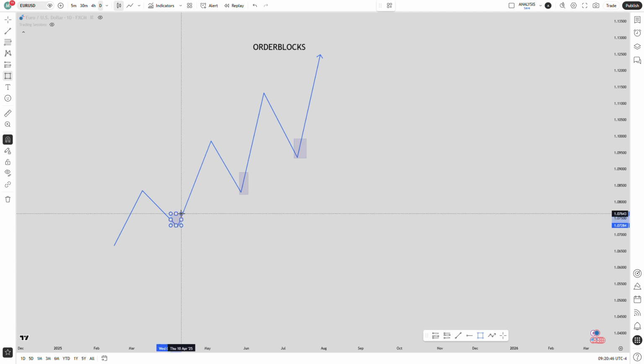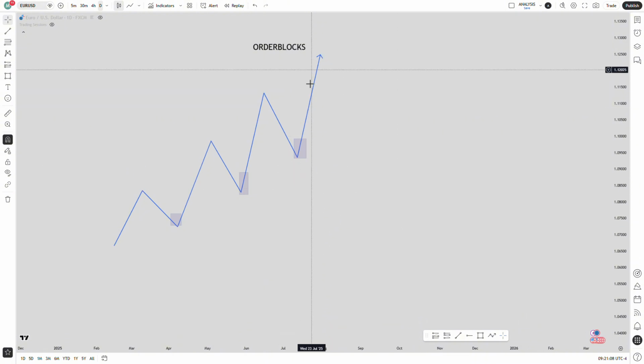Same thing applies with this. Why? Because it's only the large players that can move the market from this point to this point. We retail traders don't have the amount of volume to push the market drastically like this.